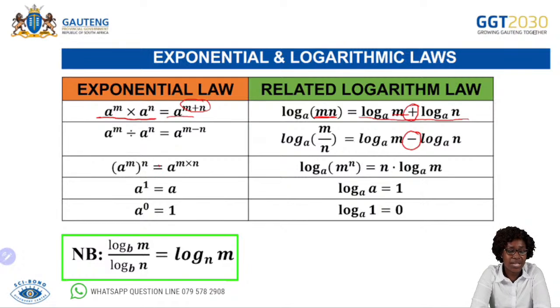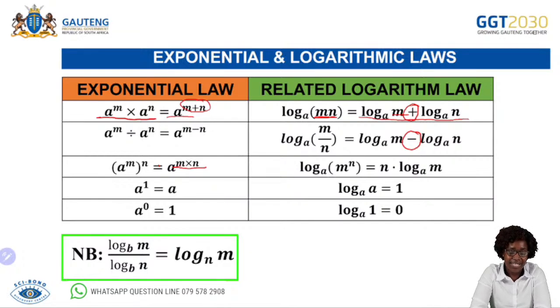Right, the next one, if I'm raising an exponent to an exponent, we use to multiply the exponents. When it comes to logarithms, we are going to change the law a bit.